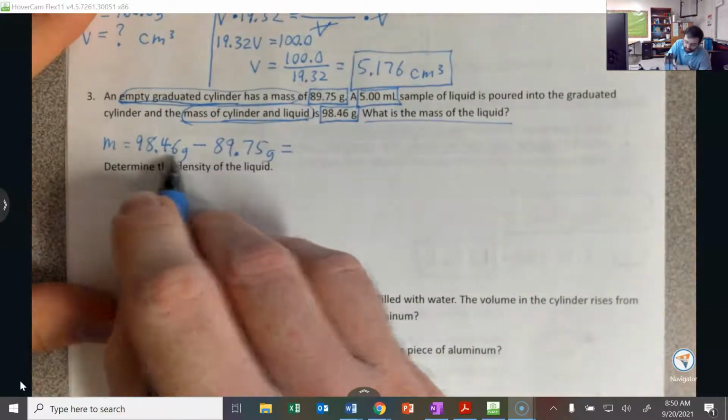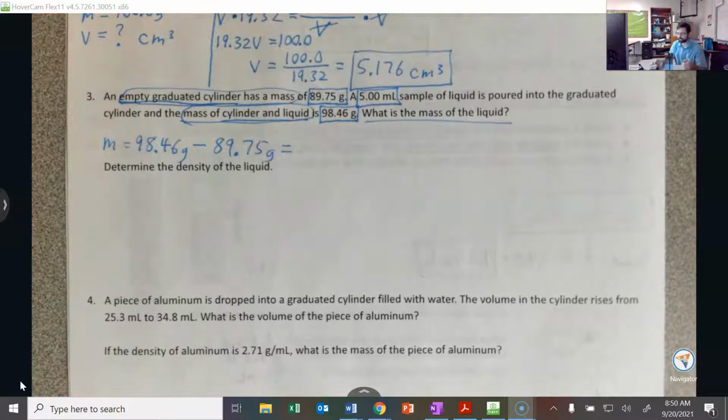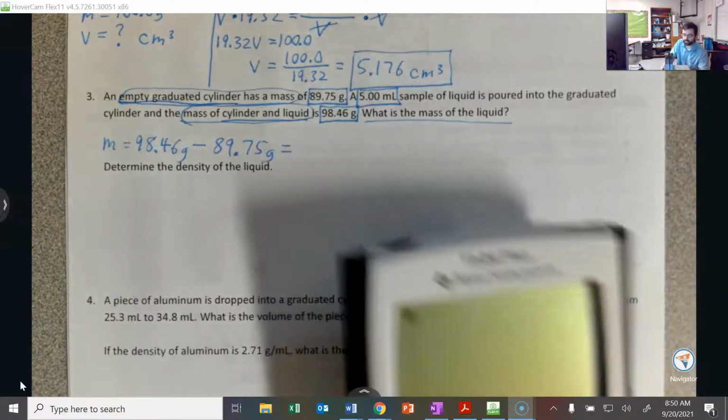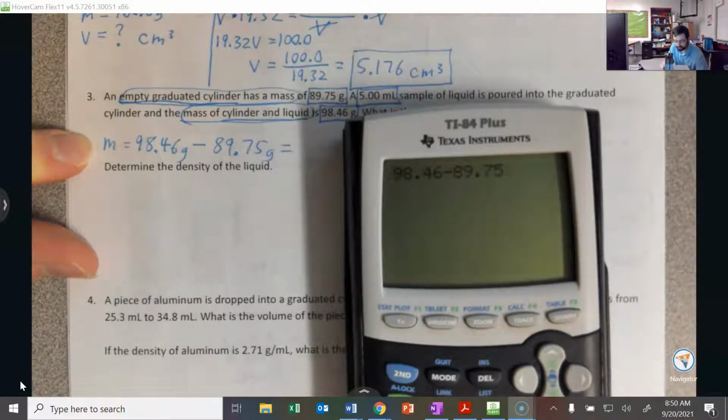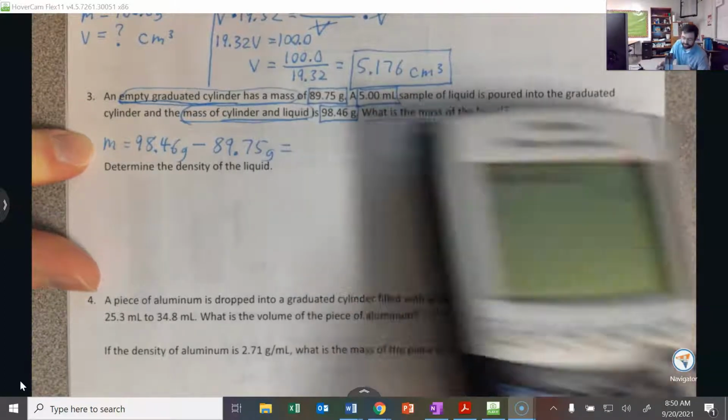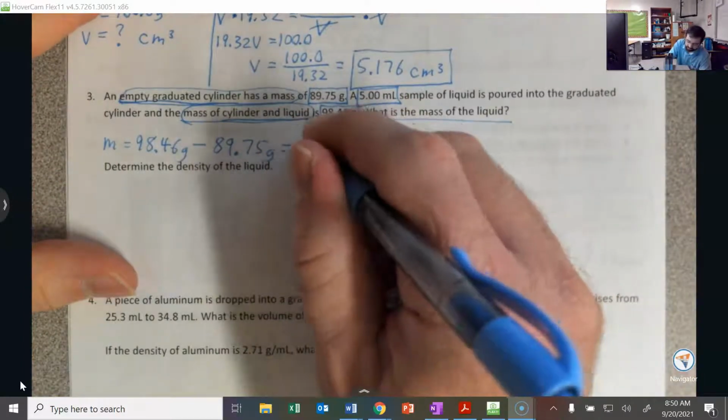We want to round to 2 decimal places because that's what is given, and we're subtracting. 8.71 grams.